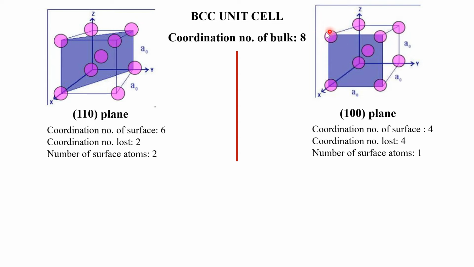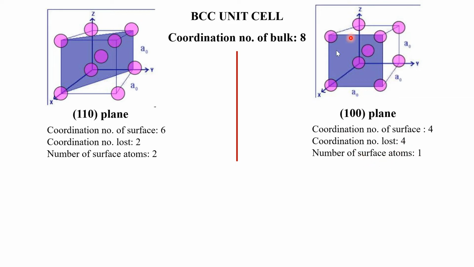Therefore, this atom will be in contact with this atom and this atom, and on similar grounds it will be in contact with an atom on the upper plane and one on the side plane. Therefore, the coordination number of the given surface is 4 and the coordination number of the bulk is 8. Therefore, the coordination number lost is 8 minus 4, which gives us 4.